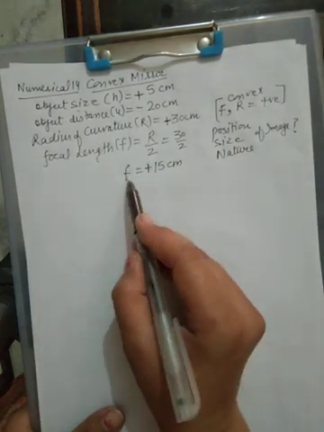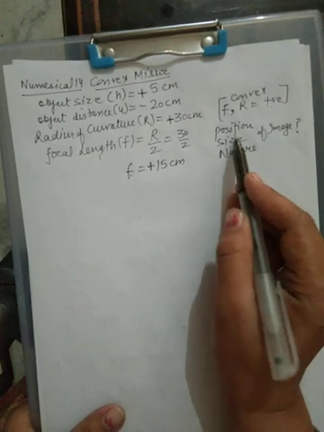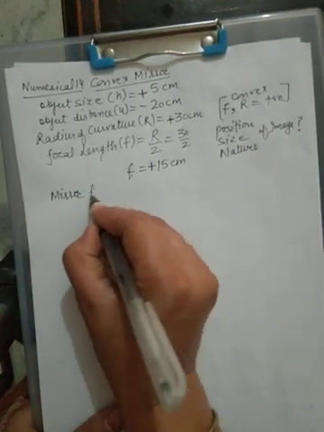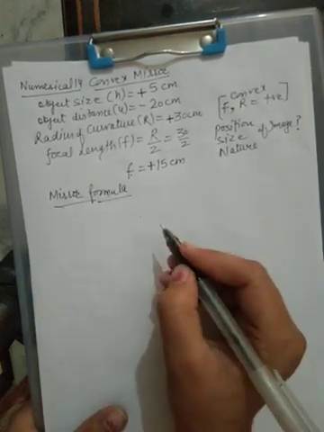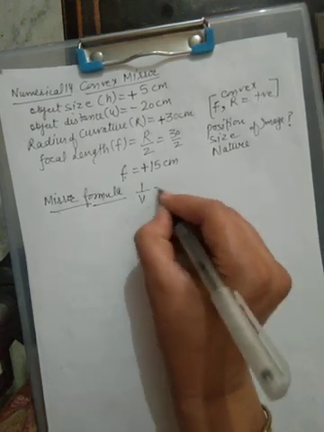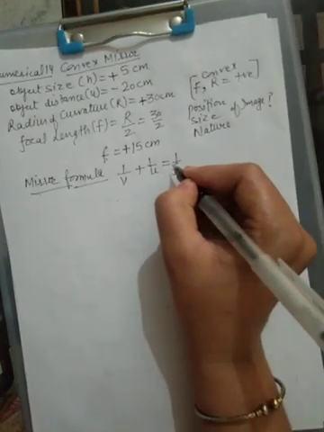U is given, F is given. Position of image can be found out by using which formula? Mirror formula. So what is mirror formula? That is 1 by V plus 1 by U equal to 1 by F.